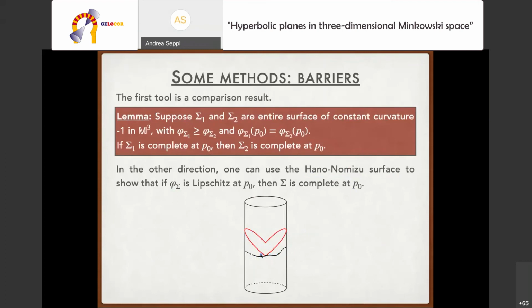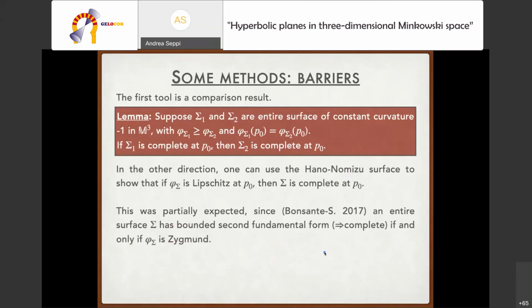And we know that the anonymized surface is complete, so you deduce that also your surface with Lipschitz null support function is complete. This is not completely surprising, because basically this result before characterizes the boundary's second fundamental form in terms of Zygmund regularity, and this is stronger than completeness, and Lipschitz is in Zygmund.